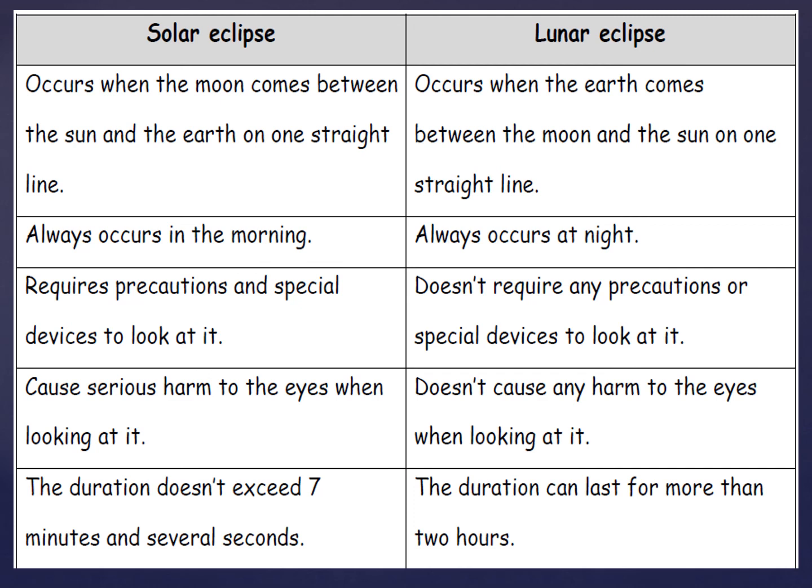Solar eclipse causes serious harm to the eyes when looking at it, while lunar eclipse doesn't cause any harm to the eyes when looking at it. Solar eclipse duration doesn't exceed 7 minutes and several seconds, maybe 40 seconds, while the duration of lunar eclipse can last for more than 2 hours.